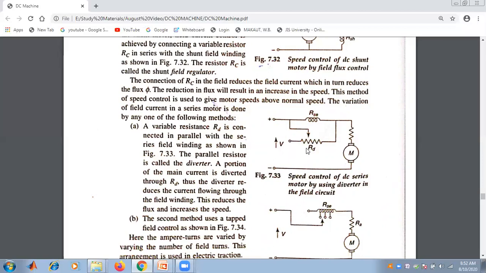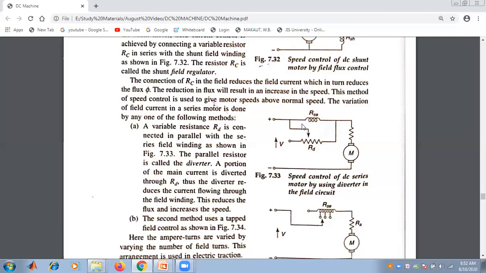A portion of the main current is diverted through the RD. As a result, a reduced amount of current will be flowing through the field. You see?